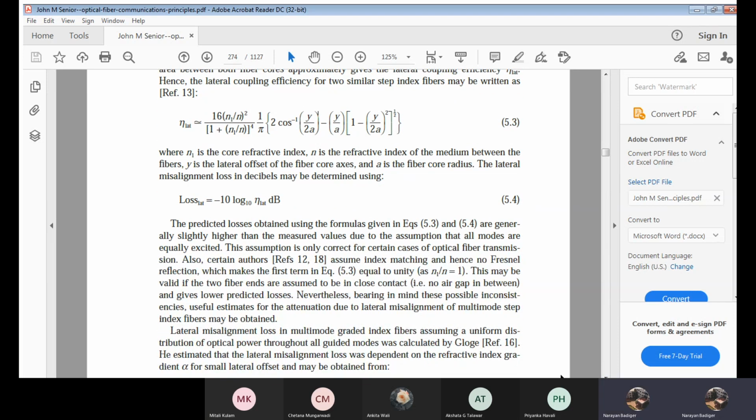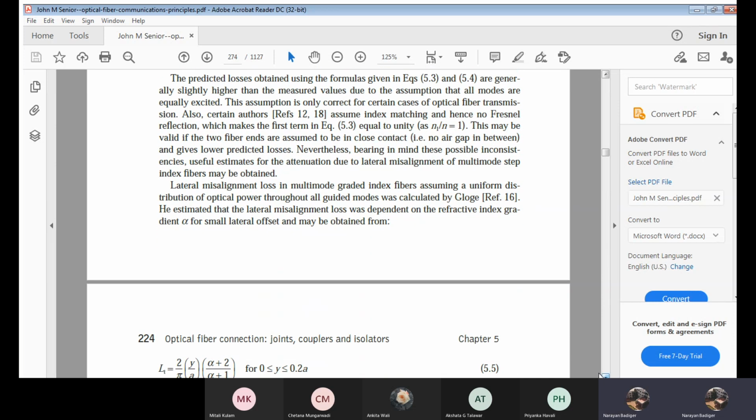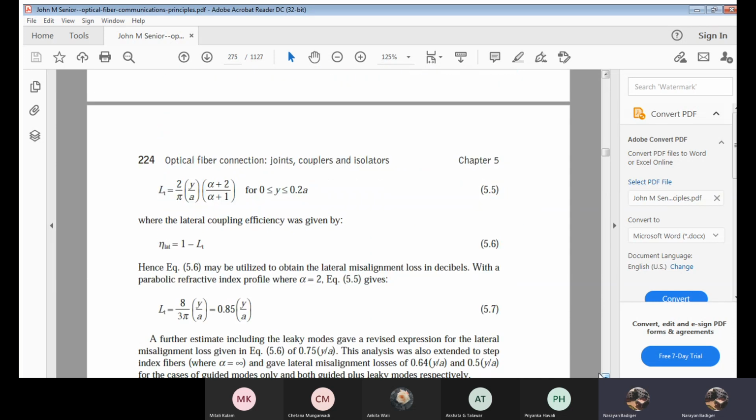Next, the same thing, considering a small lateral offset, that is, the lateral misalignment loss if we consider it for graded index fibers.